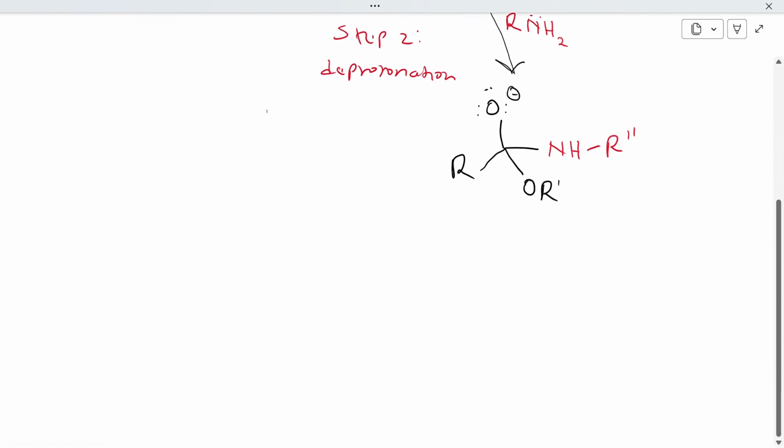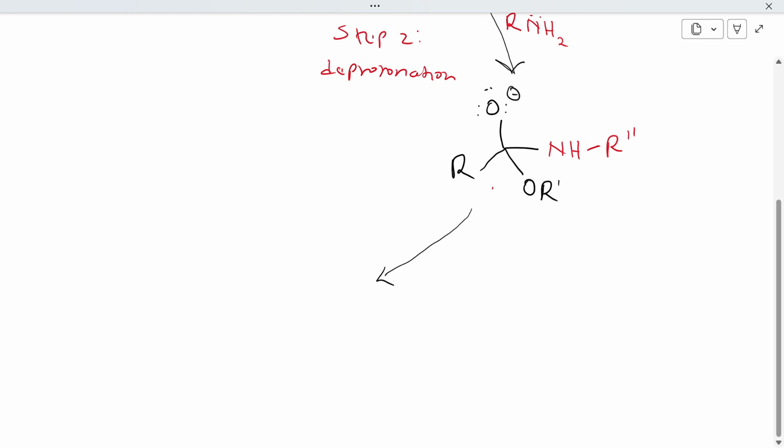we are going to go to step 3. In our step 3, you're supposed to ask yourself what is really going to happen. We have an intermediate formed, and you really need to know that we can form a leaving group here because we form a tetrahedral intermediate.